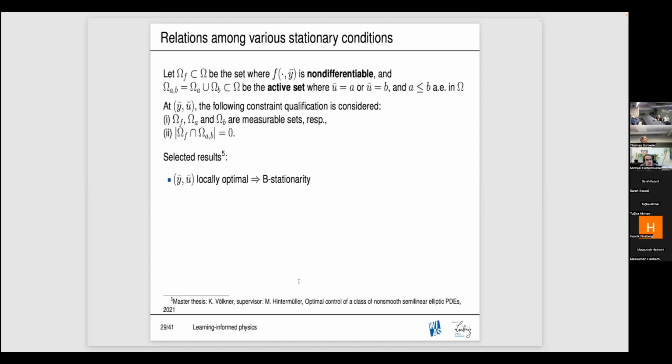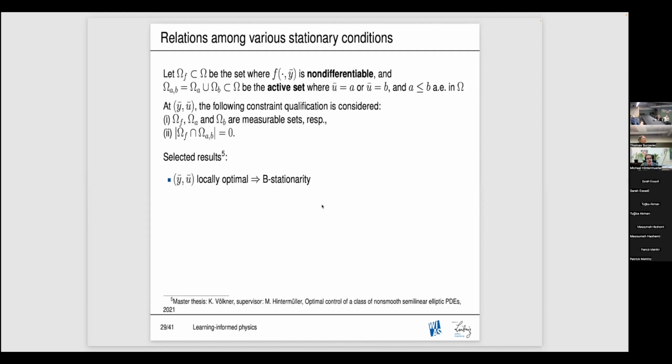Remember, for the Max function, the kink is at 0, but we need to know where the kink occurs depending on the choice of y bar, on the specific function y bar. Then omega A B is the union of the active sets with respect to the lower bound, u lower bar, which is here a, and the upper bound, u upper bar, which is here b. So there's a bit of a conflicting notation, but I think you get the idea.